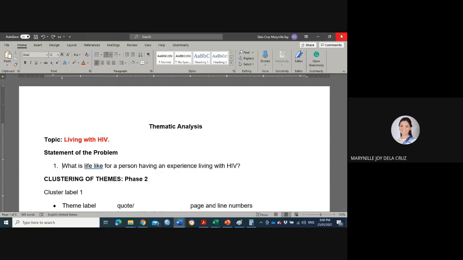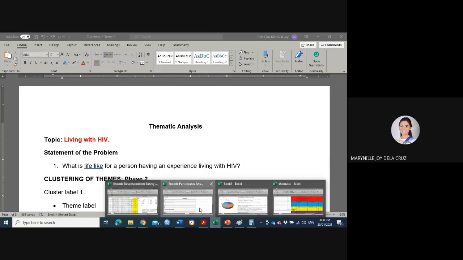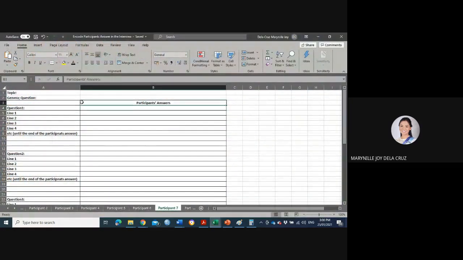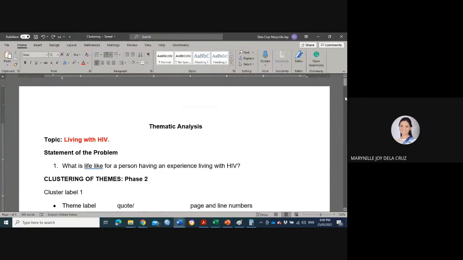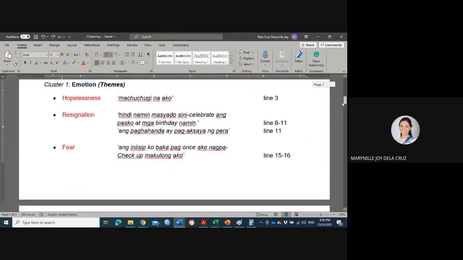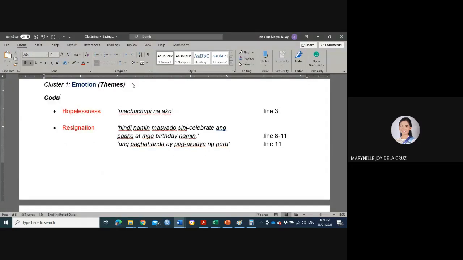Make sure you started with your lines first here before you proceed to your codes and your themes. These are your codes.